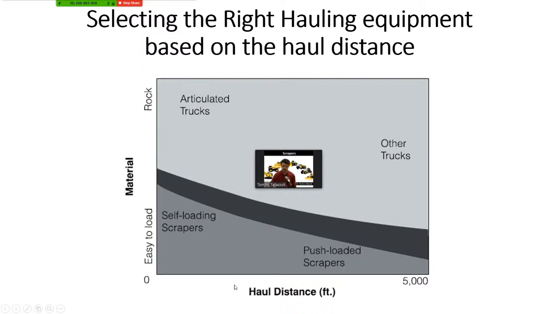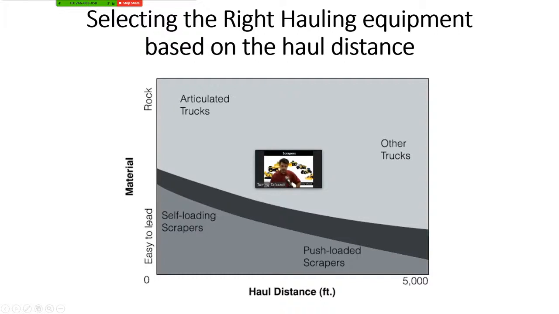In shorter haul distances, you would go with a self-loading scraper. But for longer distances, like I mentioned before this slide, you can use push-loaded scrapers. That's when you attach two scrapers and they push the load. So this is about the distance, but we also care about the type of material we have.